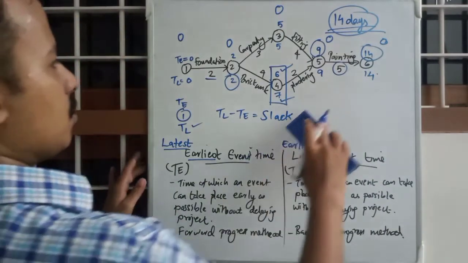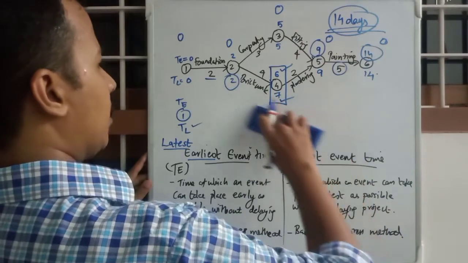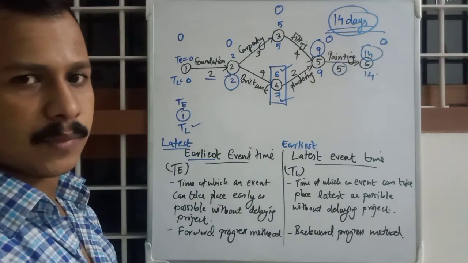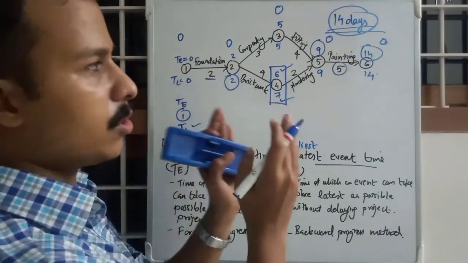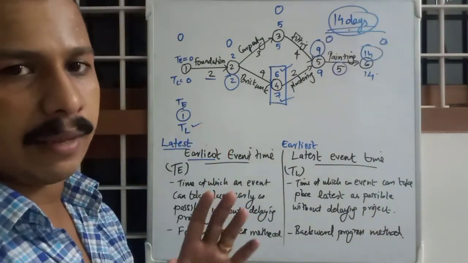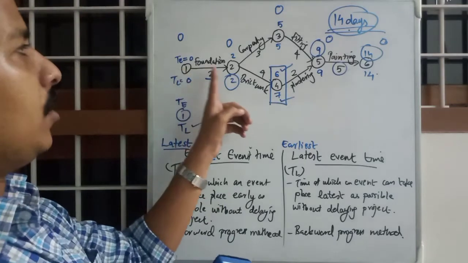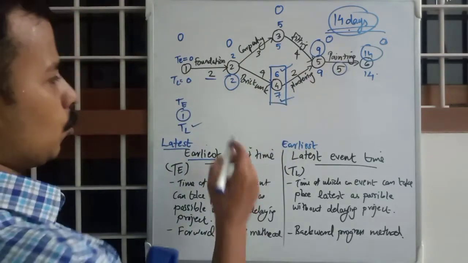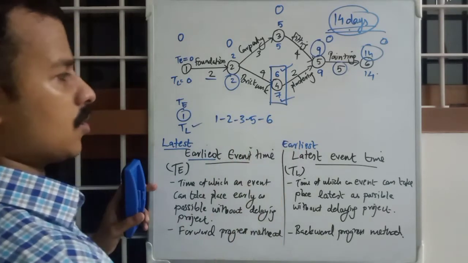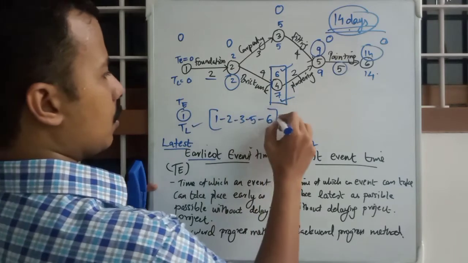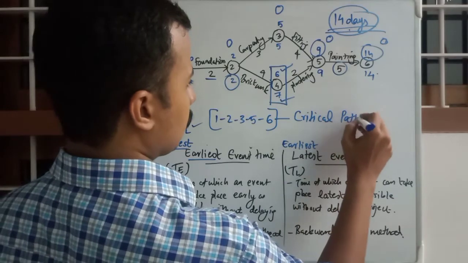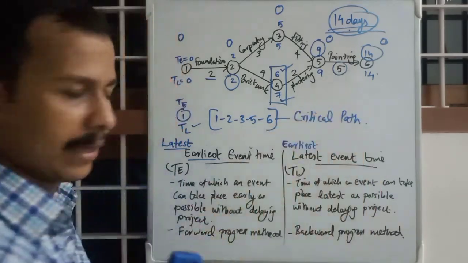This means there is no time to waste on events 1, 2, 3, 5, 6. You have to be right on schedule to complete the work within 14 days. So 1, 2, 3, 5, 6 is the critical path of this network diagram.